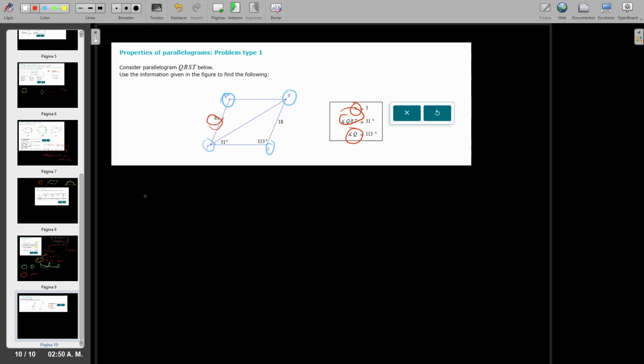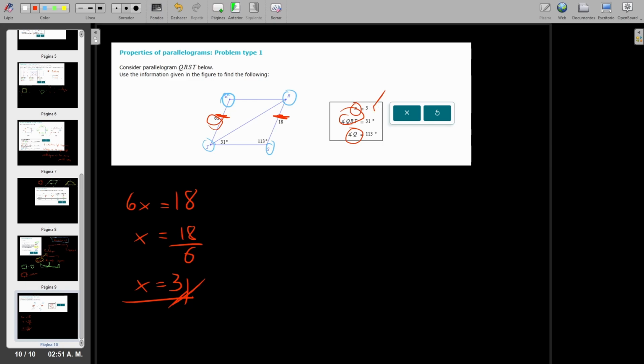X is this one. By the definition of parallelograms, 6x, meaning this side, is the same as this side, so 6x equals 18. So x is going to be 18 over 6, x is going to be 3. That is the definition of x.